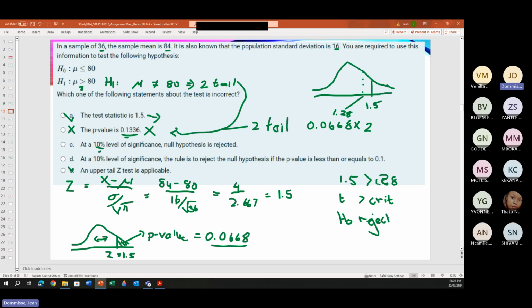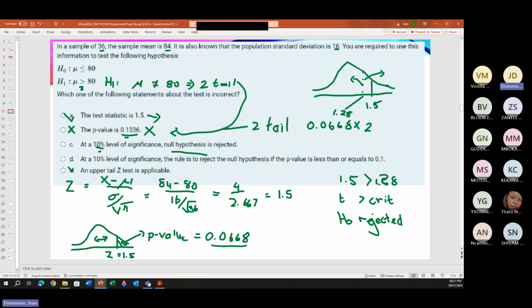Okay, so that is important. Because it lies to the right-hand side, it will be rejected. If it was to the other side, it would have been accepted. So the null hypothesis is rejected at the 10% level of significance.